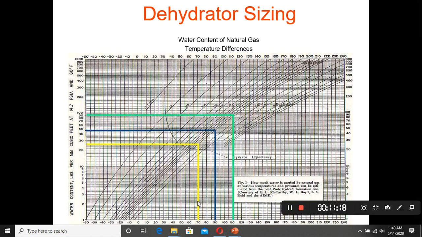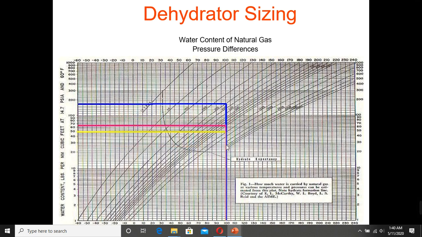Here we have the same pressure of 1000 psi, but the gas temperature is 70, 90, and 110. If the temperature is 110, the capacity of the gas to carry water is around 90 pounds. At 90 degrees centigrade, it can carry around 40 to 50 pounds. At 70, it can carry around 25 to 30 pounds. So temperature plays an important role in water content removal.